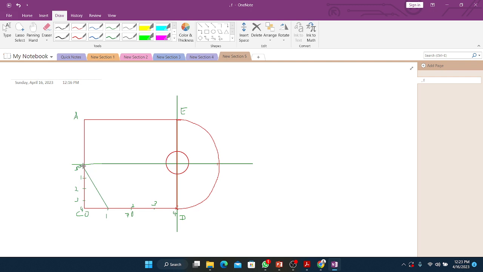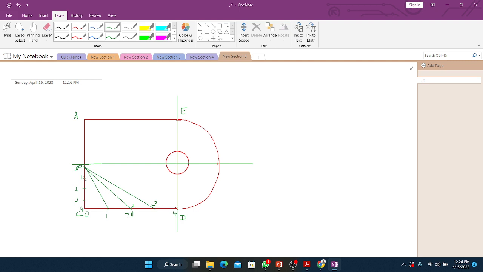First connect 0 and 1, then 0 and 2, then 0 and 3. The same way for 0 and 4, that's not needed at this point.